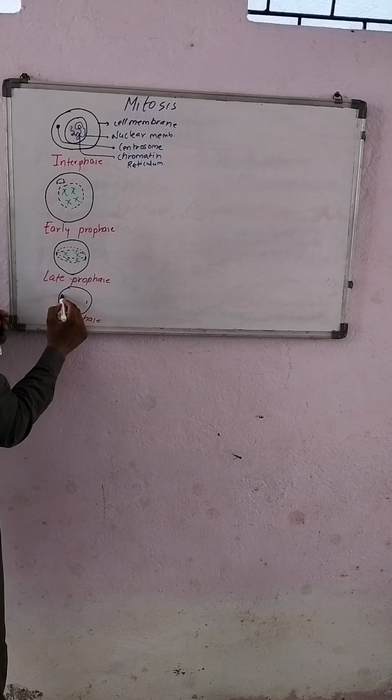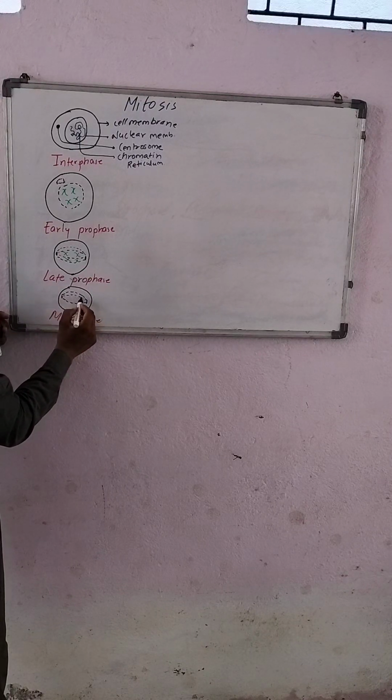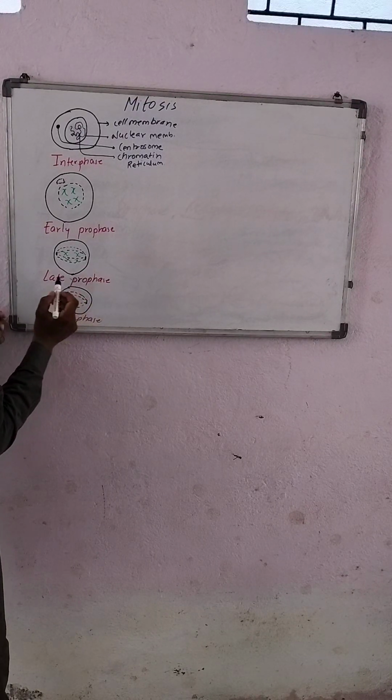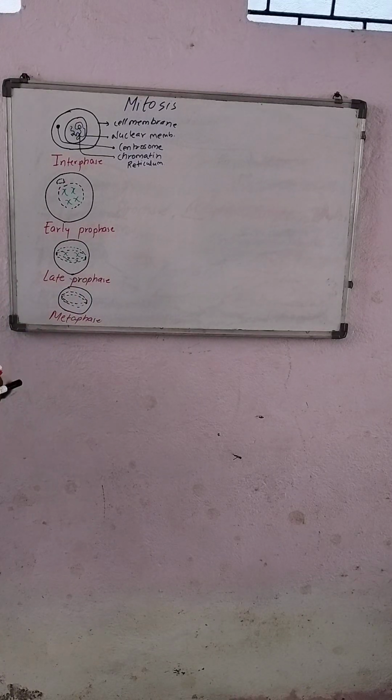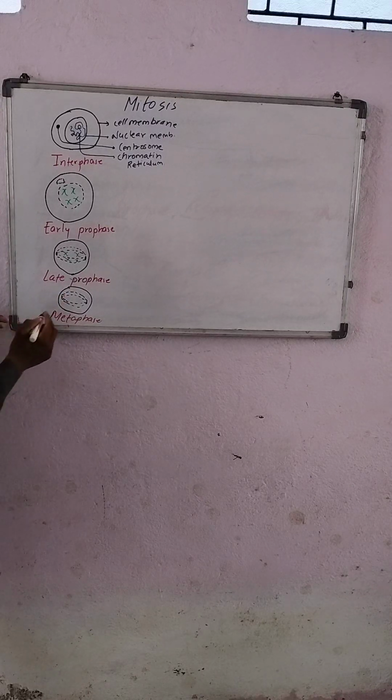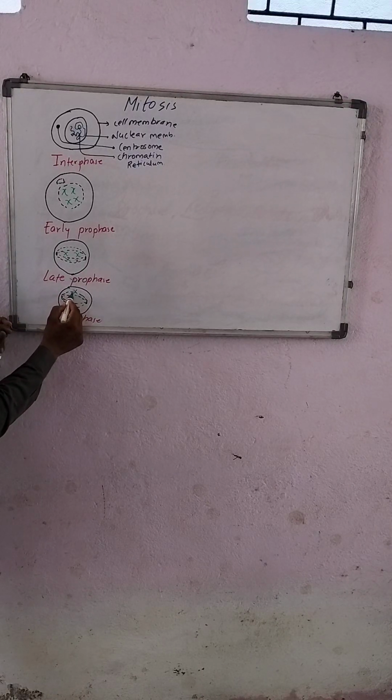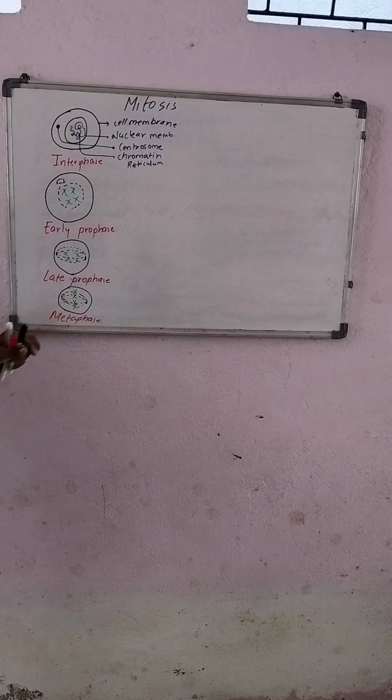This is the asters, these are the spindle fibers. Now look at the diagram. Here the chromosomes that were randomly spread, now they are arranged at the equator. They are arranged at the equator in the metaphase stage.